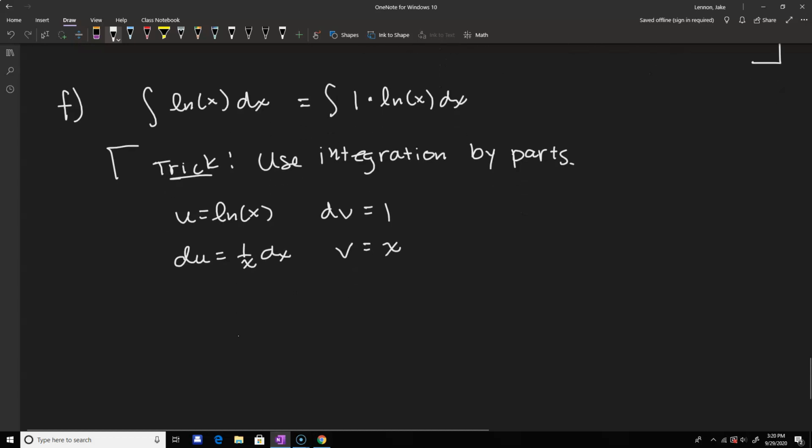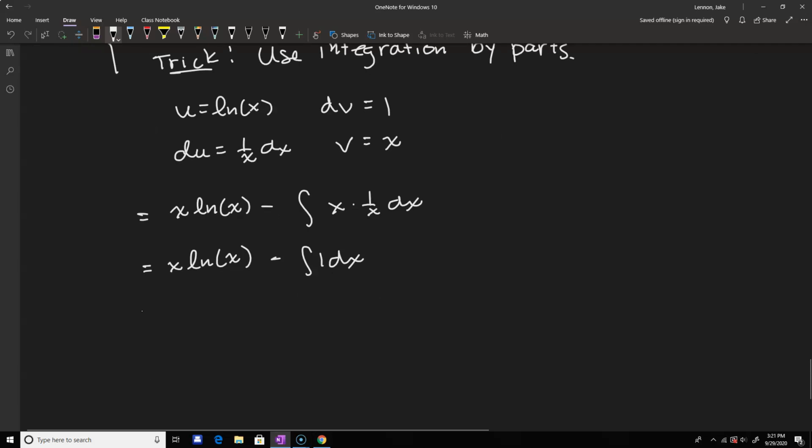Then when we apply the integration by parts formula, we get uv, which is x natural log of x, minus the integral of v times du, which is x times 1 over x dx. So we actually have x natural log of x minus the integral of 1 dx, and we know the integral of 1 is just x. So we get x natural log of x minus x, and then plus a constant of integration if you want. And that is the integration formula.